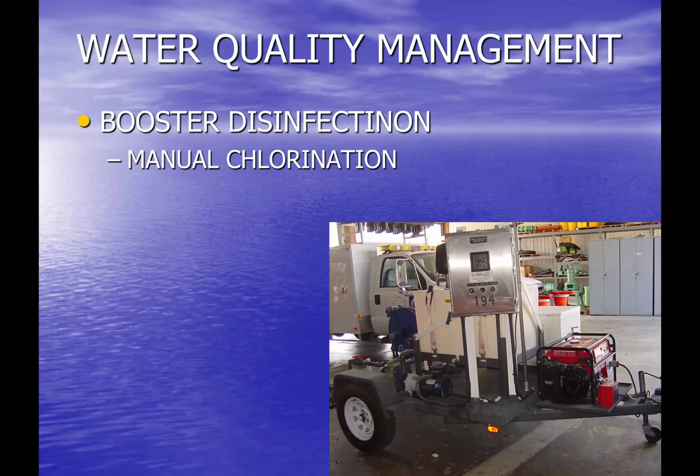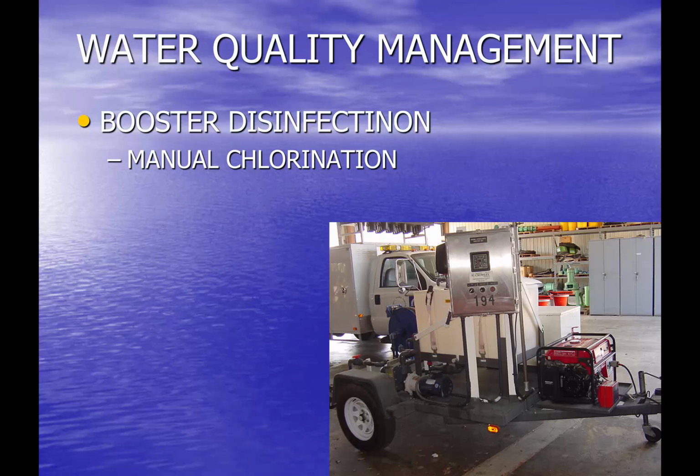The next evolution of the approach was a trailer-mounted pumping system where we would actually put the sodium hypochlorite in a vessel you can see on the back of this trailer, and then we had an injection pump. The nice thing about this is, A, we weren't hauling the stuff up the stairs, and we were able to connect that pump to a port on the inlet-outlet line of the reservoir.